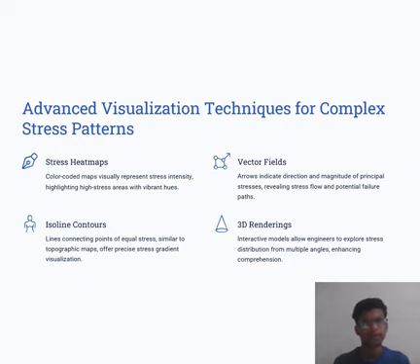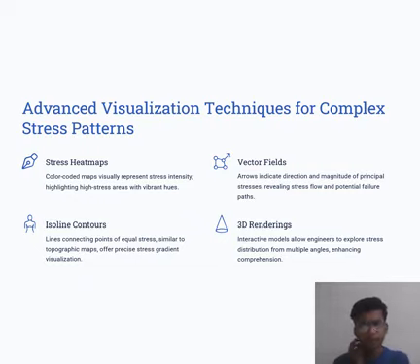Stress heat maps: color-coded maps that visually represent stress intensity, highlighting high stress areas with vibrant hues. Isoline contours: lines connecting points of equal stress, similar to topographic maps, offer precise stress gradient visualization.